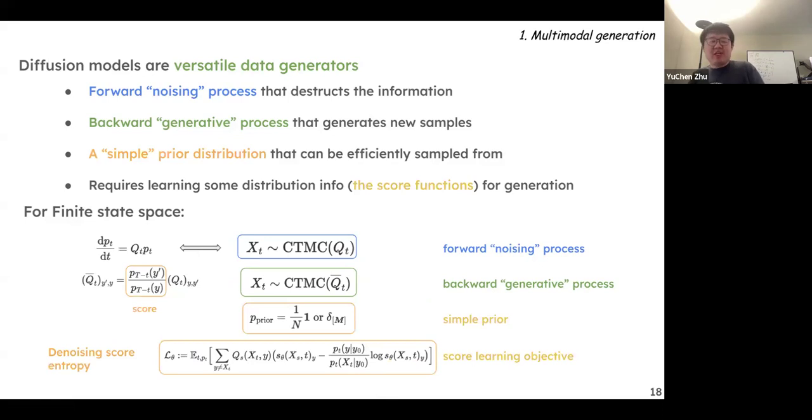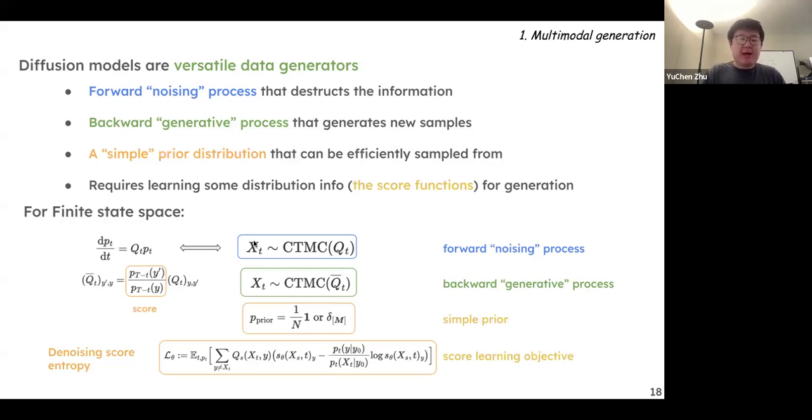Let's say we have another type of state space, like for languages or for DNA sequences, where we work with a state space that is finite, a discrete state space. On discrete state space, we can no longer define SDEs because there's no continuous structure there. Therefore, we need to pick a different type of stochastic process as our forward process. A good choice is the continuous time Markov chain with transition rate Qt.